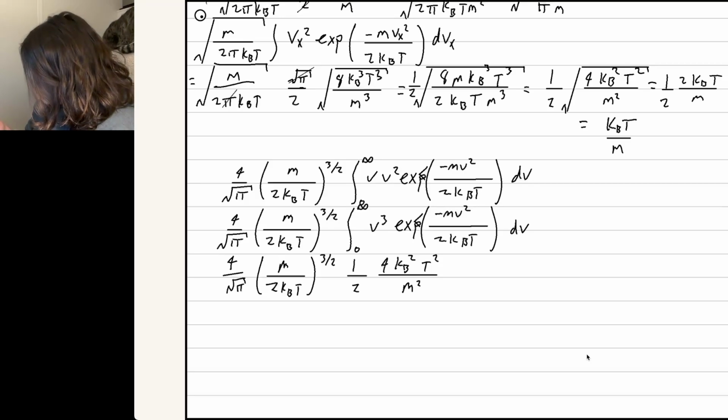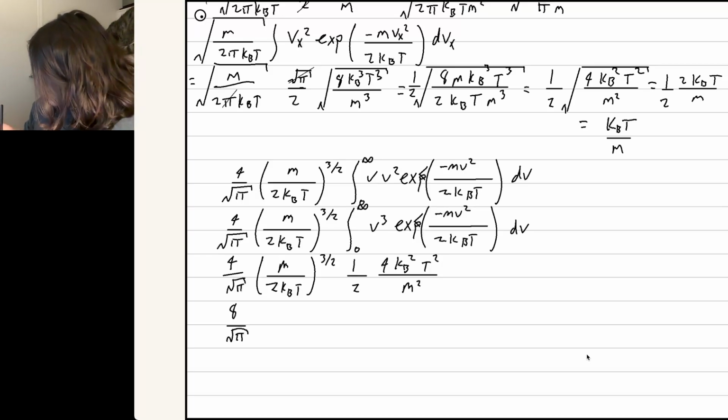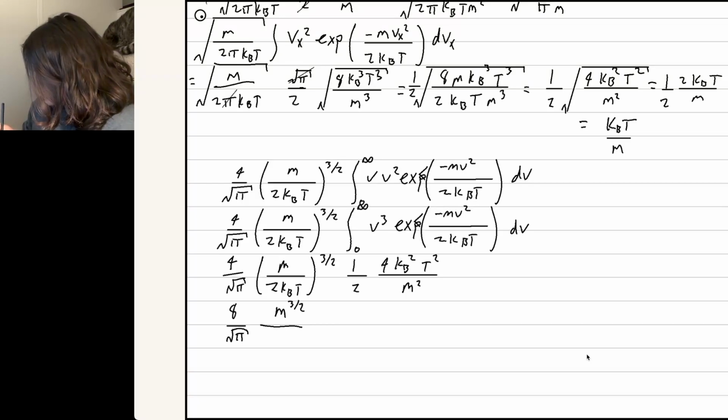Okay. 16 over 2 is 8. So we have 8 over root pi. And I'm going to go ahead and call all of this stuff like that, just so we can do a little bit of exponent adding.